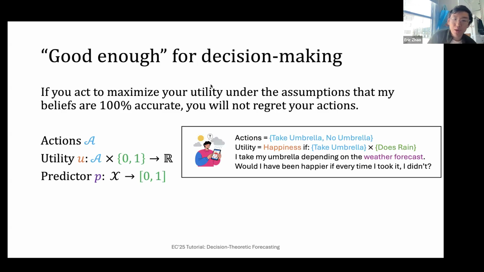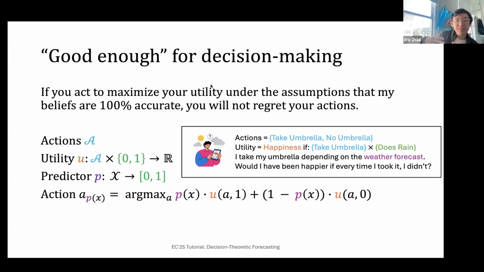The next two things we want to formalize is the idea that I'm going to act according to the forecast. We do this by defining my action as choosing the action that will maximize my utility. So this p(x) times u(a,1) is the probability that my forecast claims it will rain, times my utility if I take the umbrella and it does rain, or I take an action and it does rain.